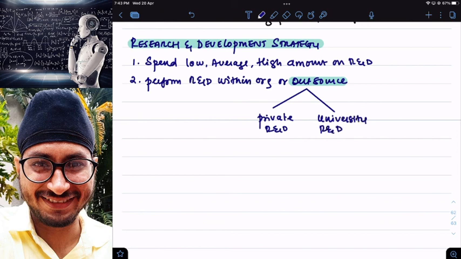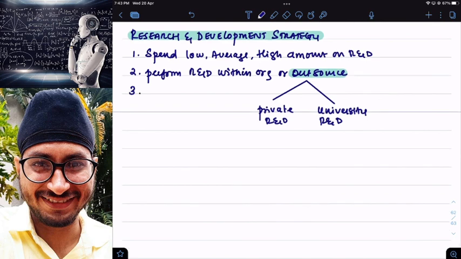If I have lots of money and money is not a problem, go for private research and development. But if money is a problem and you can't spend much, go for university research and development. Should I go for a robotic or manual process?